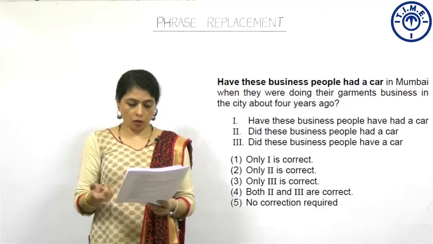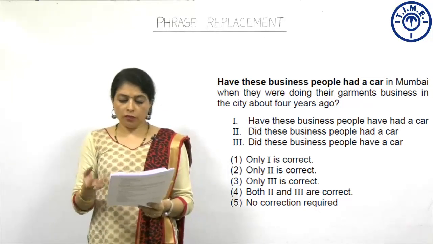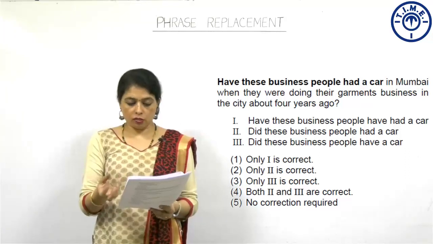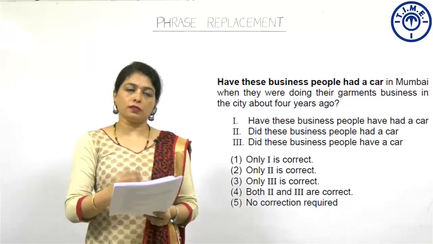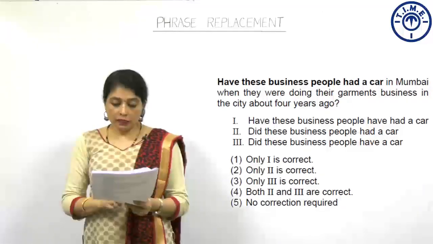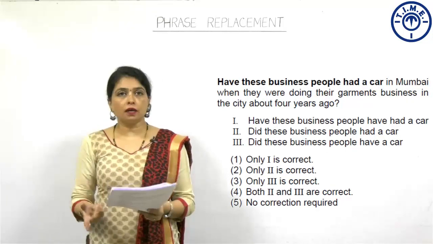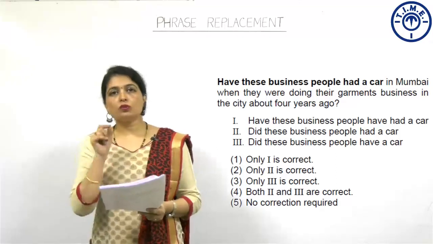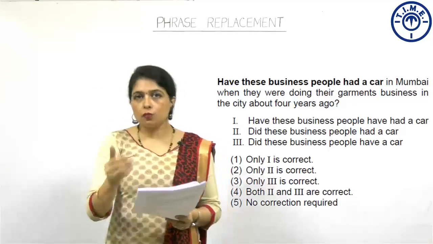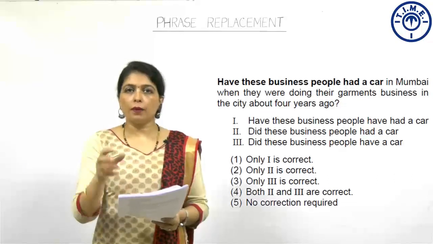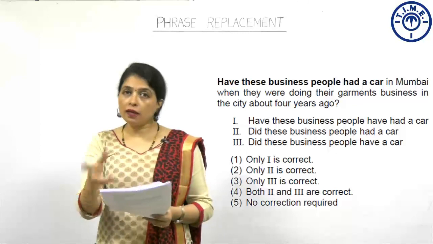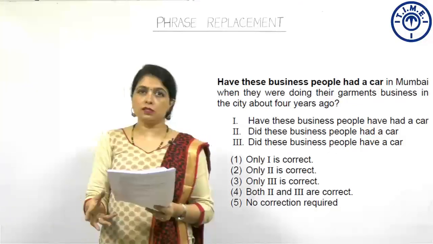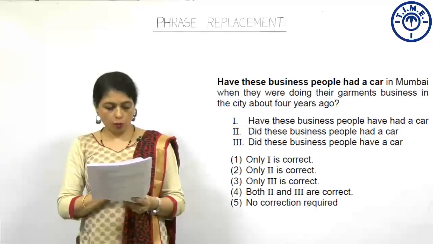Well, that's wrong, because we are considering a situation where these people were doing business 4 years ago. That means in the past. "Did these business people had a car?" Well, whenever we use "did" in a sentence, the next verb that follows must be in the present form, and over here in "did these business people had a car," "had" is not present tense, so we cannot consider 2 also.